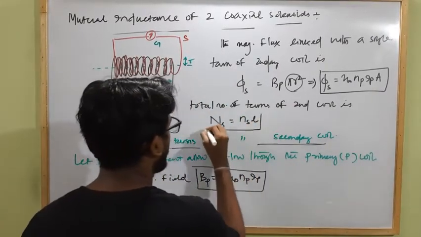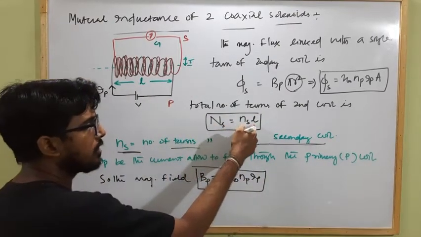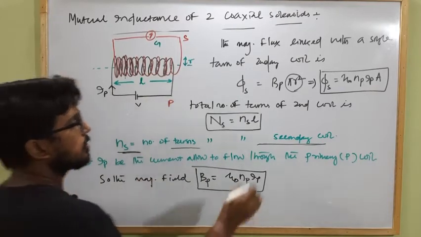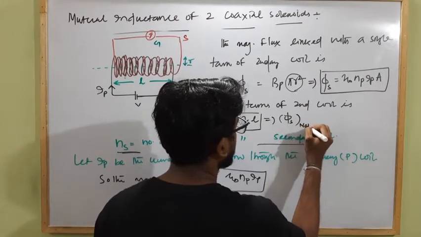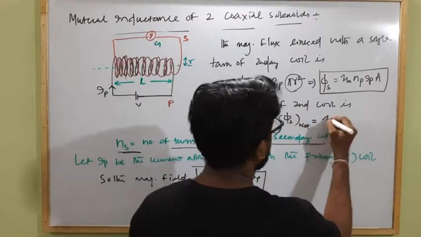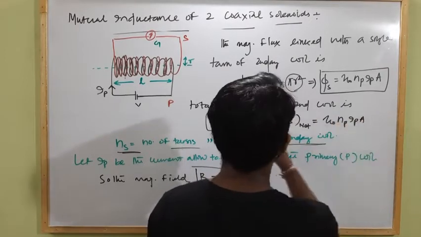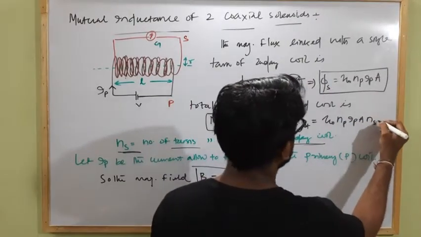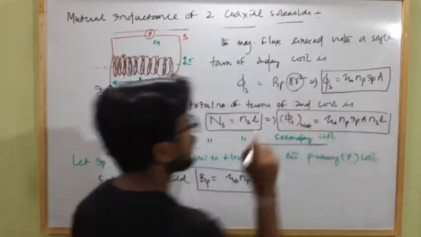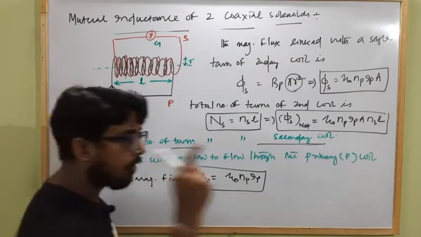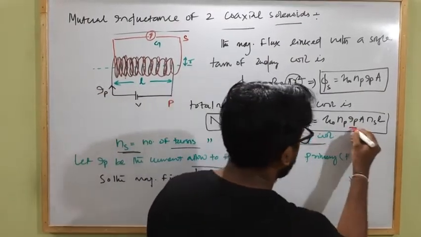So this is the total number of turns of the secondary coil, number of turns per unit length into length of the secondary coil. So the flux linked to the secondary coil, phi s net, will be equal to mu naught NP IP A into total number of turns, that is NS into L. Clear? So this is the net flux linked with the secondary coil due to current flowing in the primary coil.